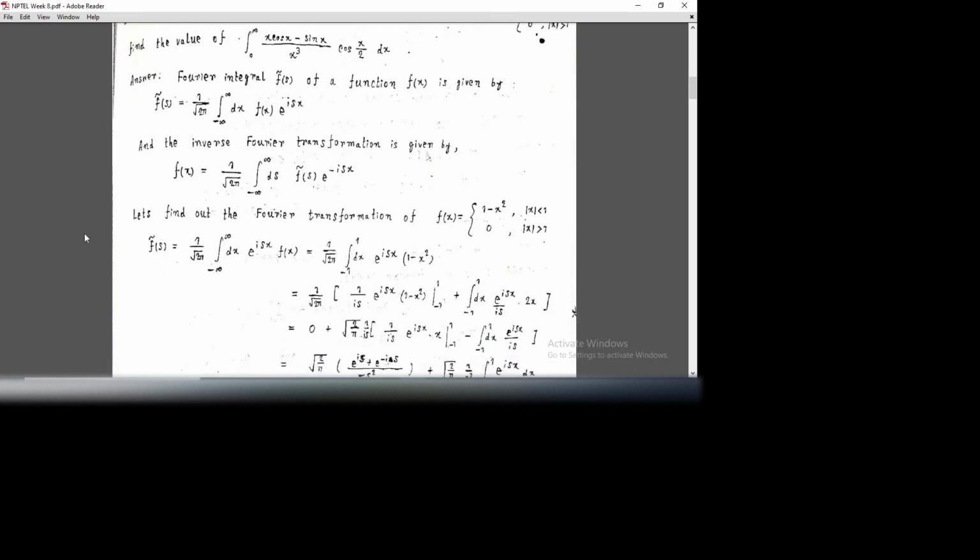Okay. So now let us find the Fourier transformation of the function that is given in the question. So this is our function, and now we will simply put this function into the definition of Fourier transformation. Keeping in mind the range of the function, as I said, outside mod x equal to 1, f(x) is 0.